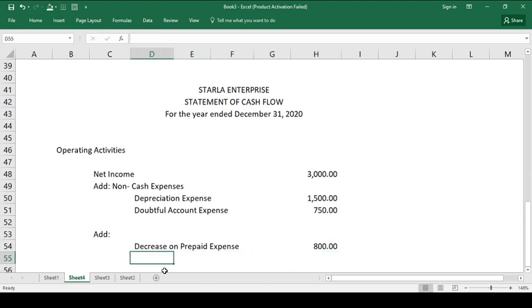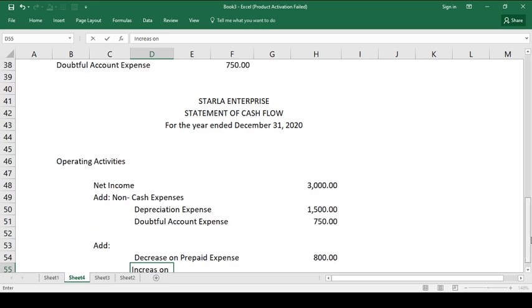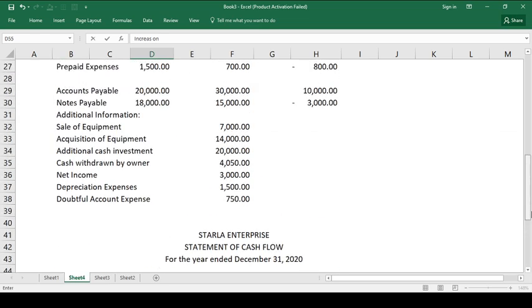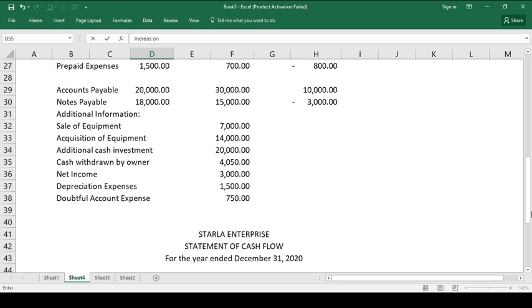And then, an increase on current liabilities. Anong current liabilities po natin ang nag-increase? Based on the problem, we have an increase of 10,000 from the accounts payable account.